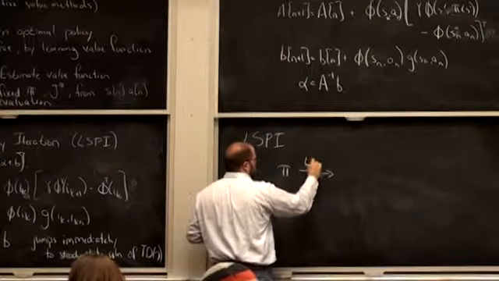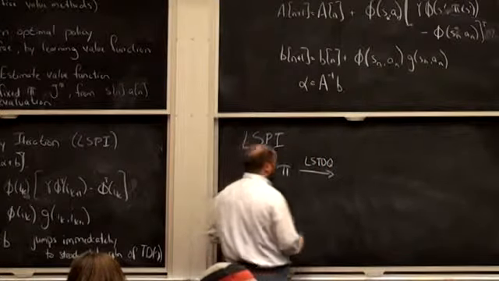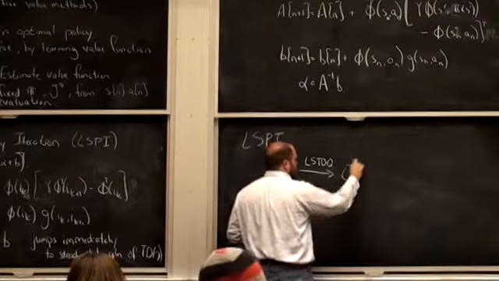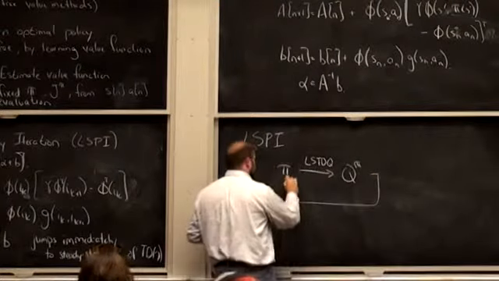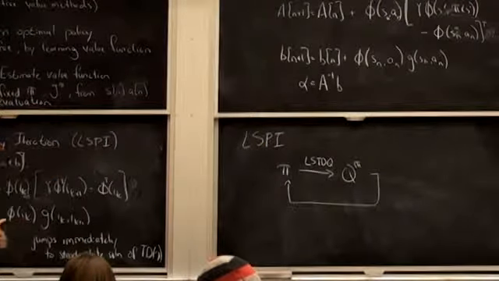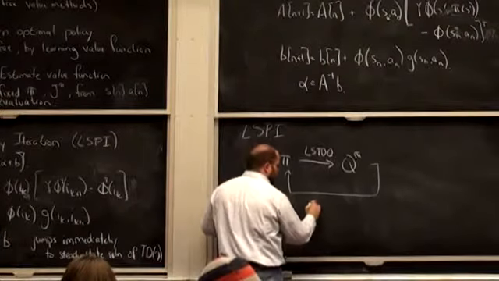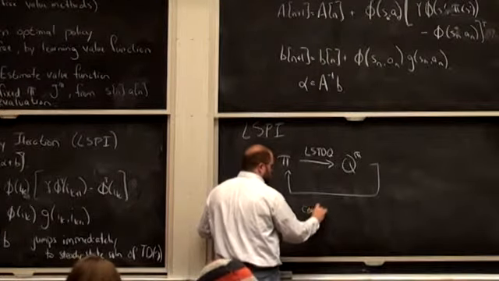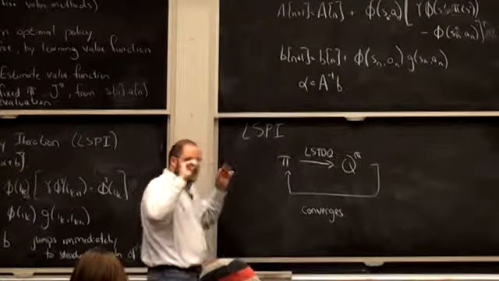We do LSTDQ to get Q pi, and then you repeat. That's enough to get it to converge. Be careful about how it converges. It converges with some error bound.